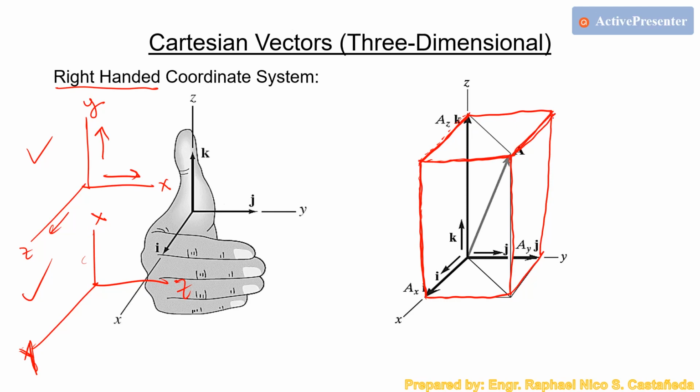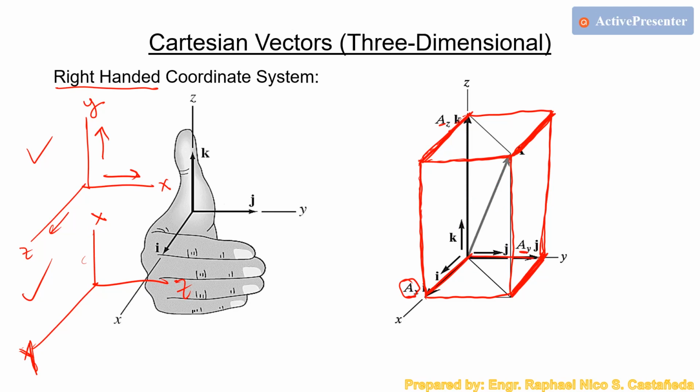Always remember that the dimensions of the box, the length, width, and height, represent the magnitudes of the three components AX, AY, and AZ. For example, for AX, this length right here, and this one and this one, is the magnitude of AX.